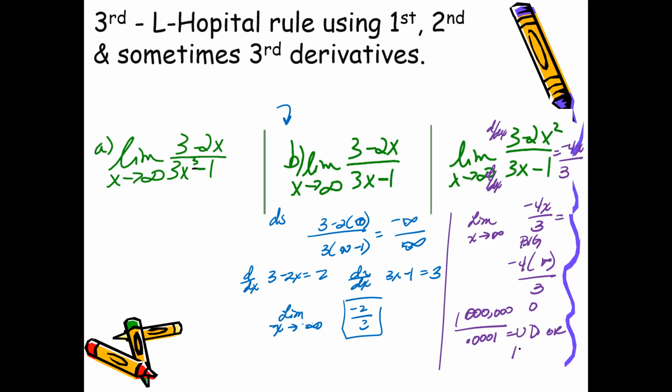You're going to have a super duper big number on top. Or we can just say it is infinity, in which case infinity is the same thing as does not exist. Okay, and that is your answer for that.